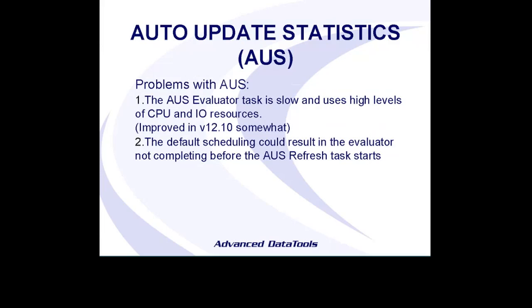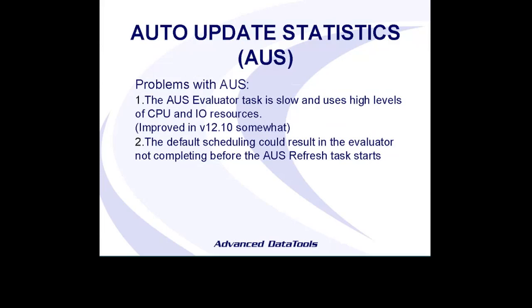The biggest problem with that is that if you have a large database with a lot of tables, especially if you have a lot of DB spaces, which slows down processing the update statistics, and especially running the evaluator, then it may be that your evaluator will not have finished by the time the AUS refresh task starts, especially if you haven't adjusted the default scheduling.